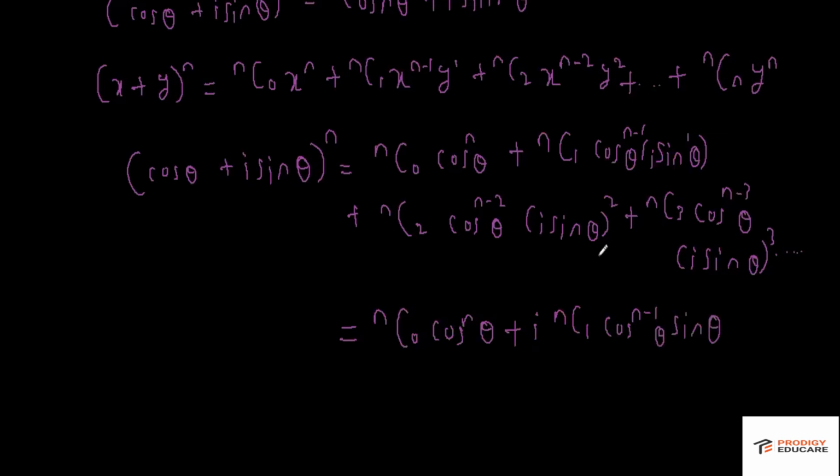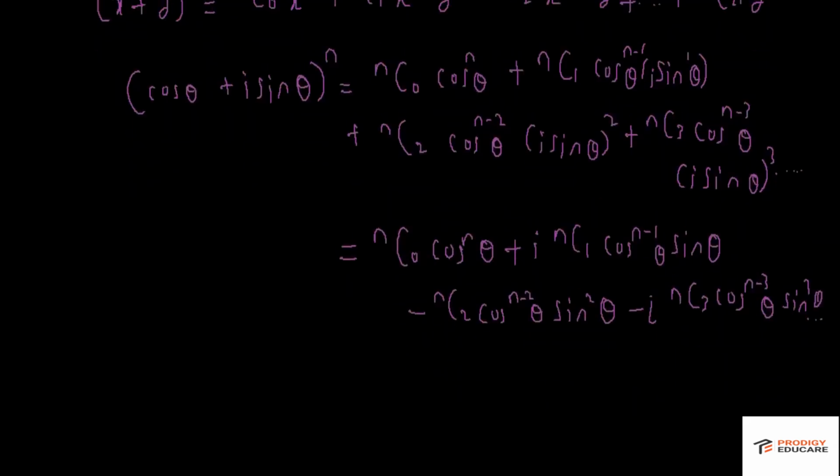Afterwards, I have this term, now it is i sin theta squared. i squared, we know that it's minus 1, so here we'll get minus nC2 cos raised to n minus 2 theta sine squared theta. Then here I have i sin cubed theta. Now we know that i cubed is minus i, so from that I'll write minus i times nC3 cos theta raised to n minus 3 sine cubed theta, and so on.